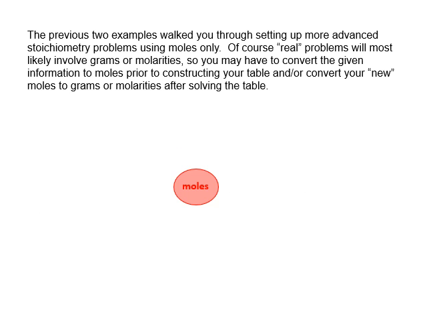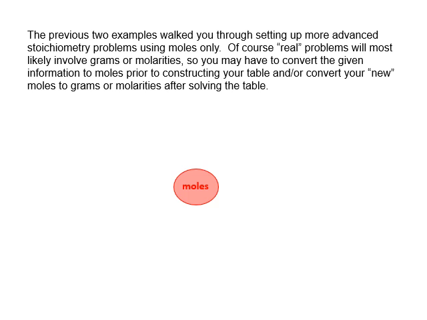The previous 2 examples walked you through setting up more advanced stoichiometry problems using moles only. Of course, real problems will most likely involve grams or molarities, so you may have to convert the given information to moles prior to constructing your table, and/or convert your new moles to grams or molarity after solving the table.